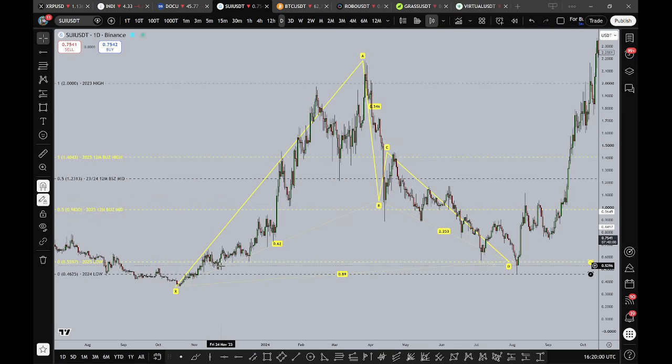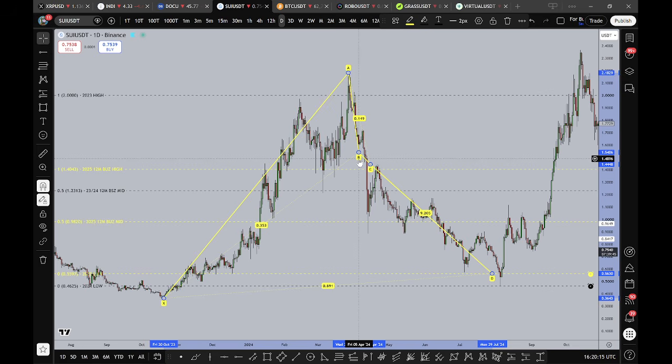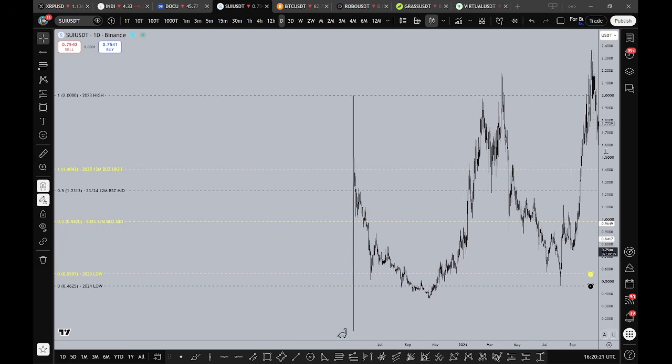Which chart did I have it on? Let me just find which one it was. Unless I'm bugging, I swear there was a Gartley that sent this higher. There was definitely a shark, but there was something else as well.